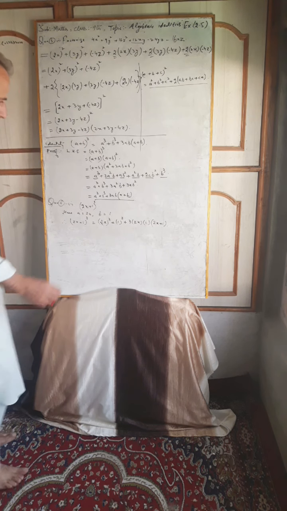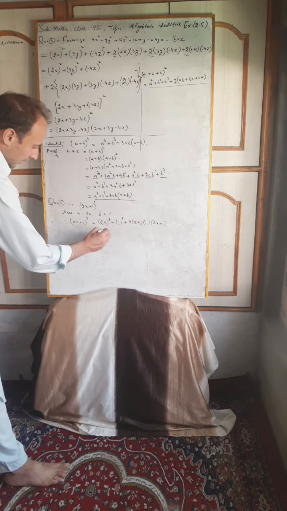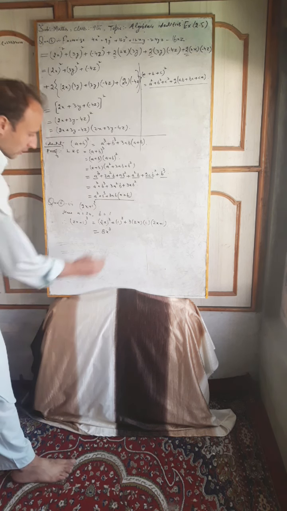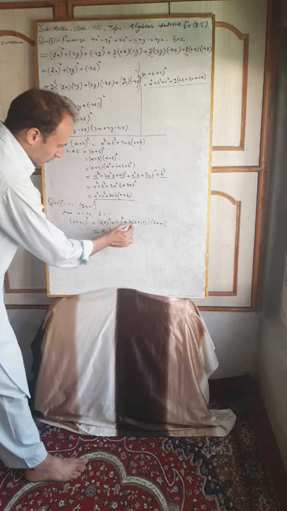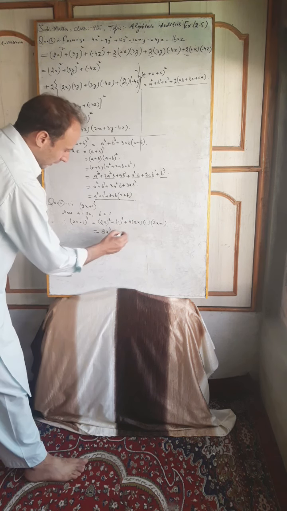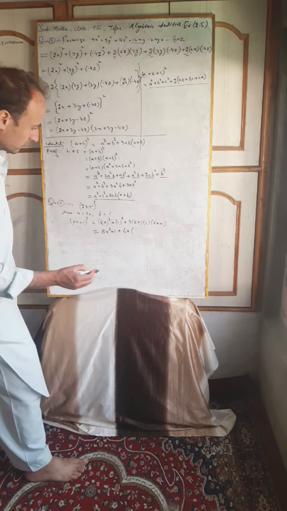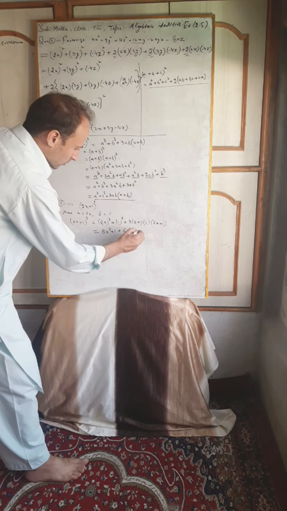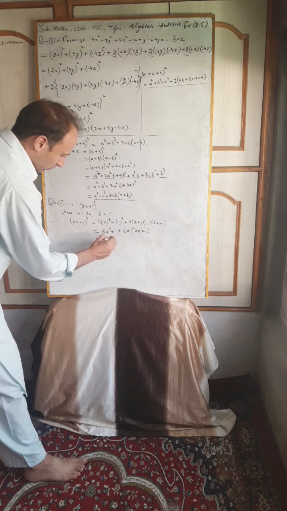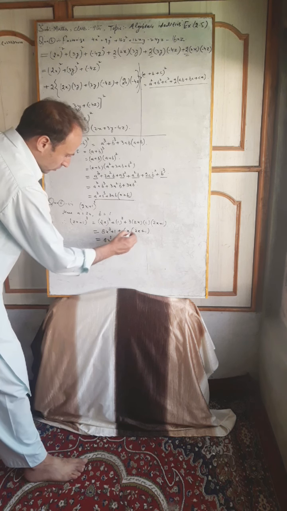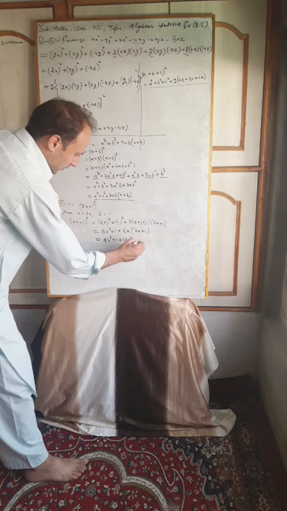Now we will simplify it. 2x whole cube means 8x cube, plus 1 cube means 1, plus 3 2s are 6 into 1 is 6x into 2x plus 1. It can be further evaluated as 8x cube plus 1 plus 6 2s are 12x square plus 6x.